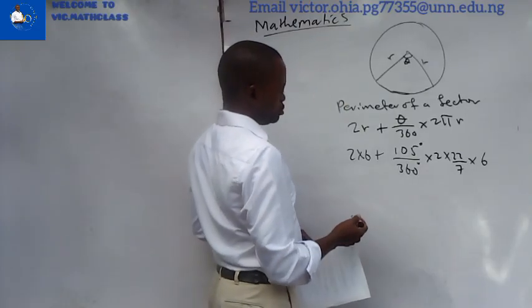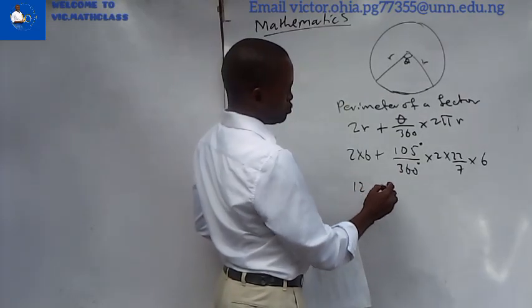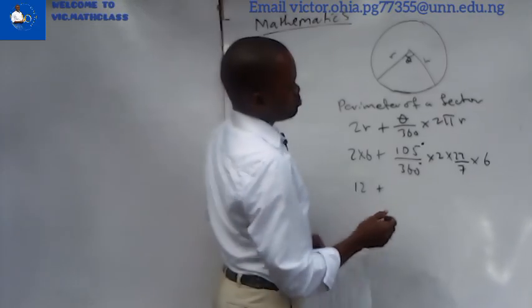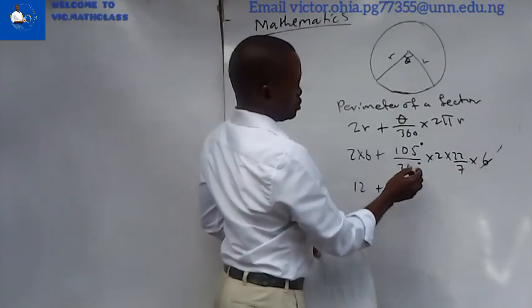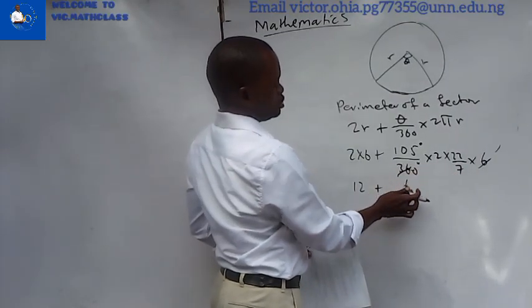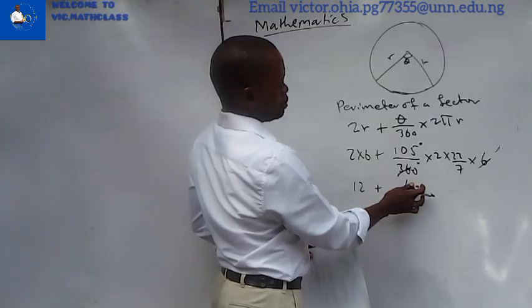We can do the reduction there: 12 plus, 6 cancels 36, leaving 6. So this is 60.